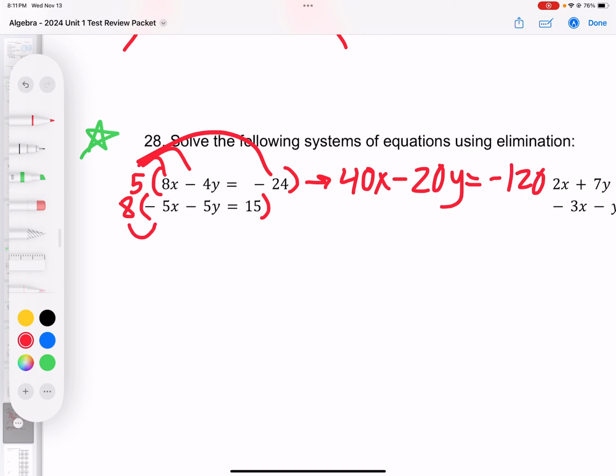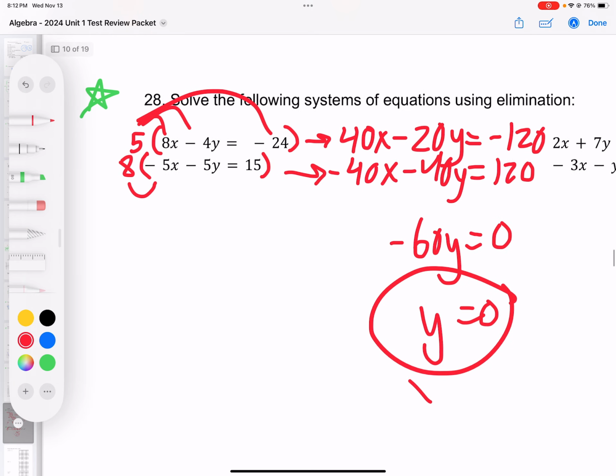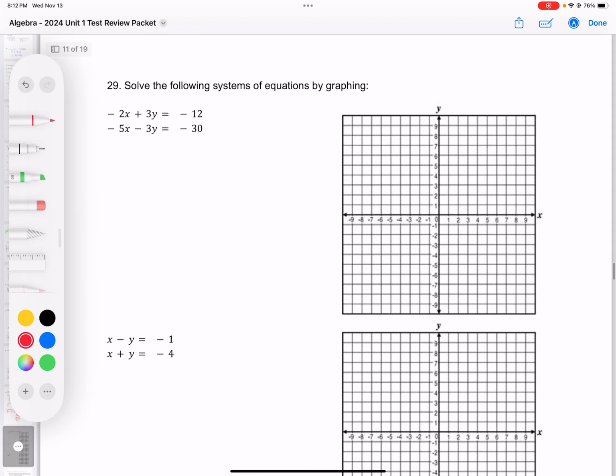And then down here we would have negative 40x. Ooh, we like that. Negative 40y and 120. And then when we add these together, now we're eliminating the x value. You get y equals 0, plug y equals 0 back in, and x would be negative 3. So you could solve those as well. They're kind of the same way.